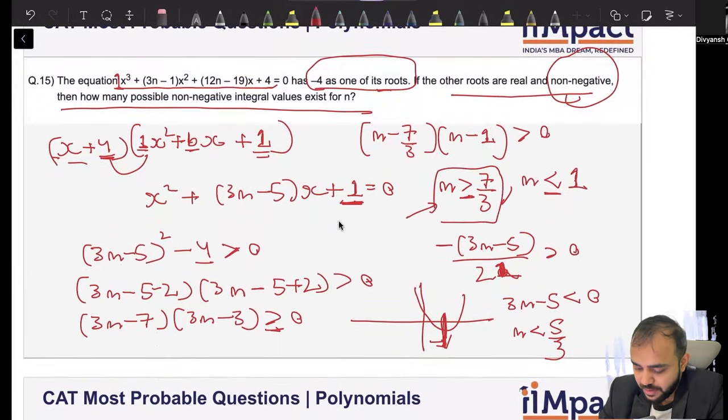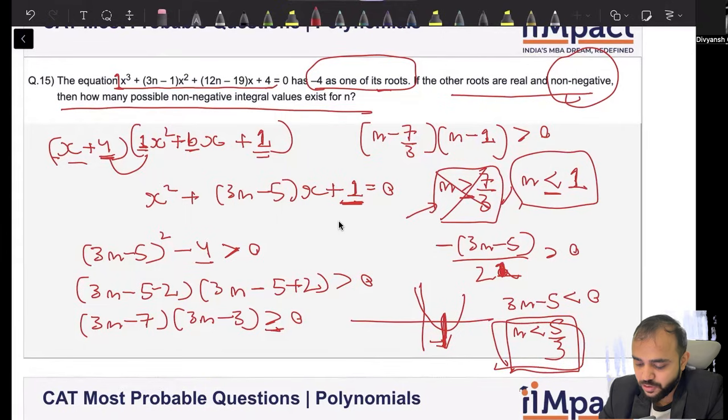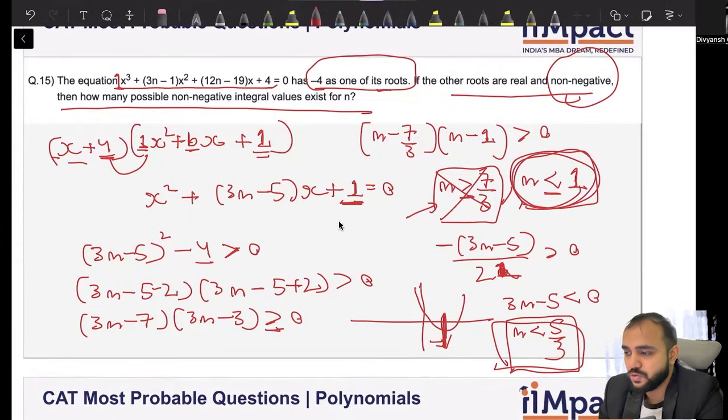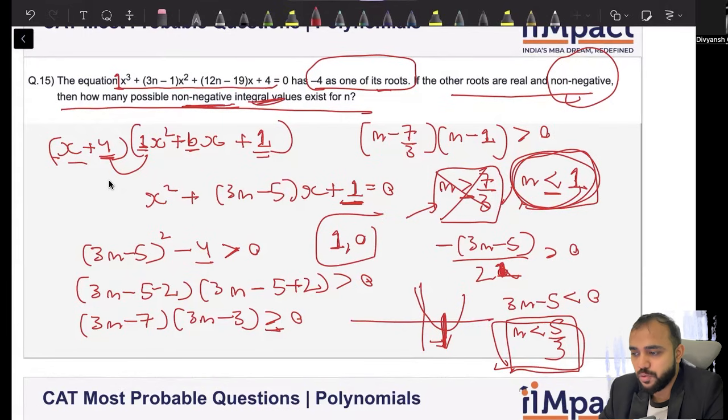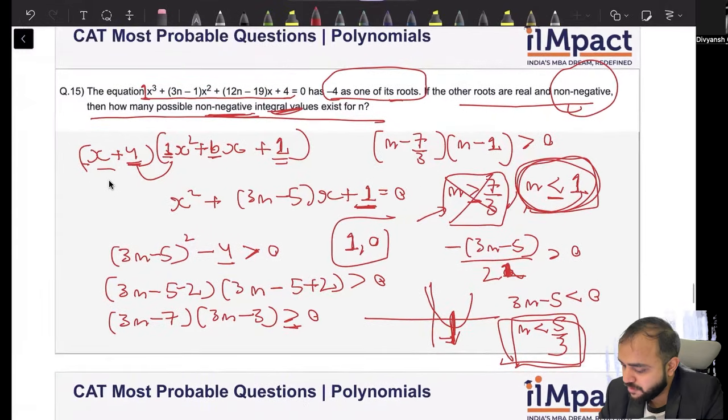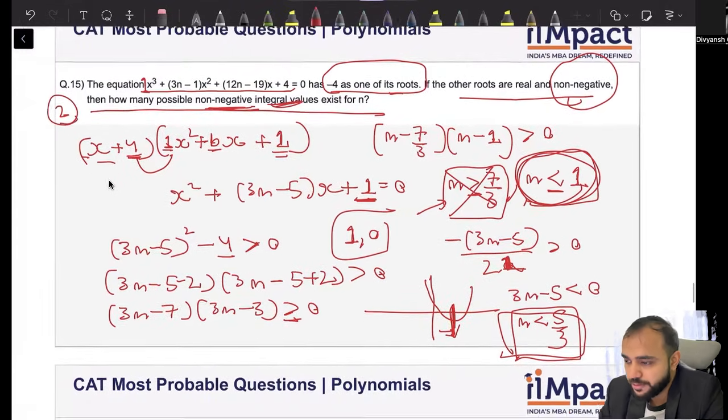Now this and this cannot be true at the same time, so this is ignored. This and this, if I intersect these two, I'll get this only as my answer. So the only possible values of n that I can have are 1 and 0, because they're asking us for non-negative integral, so 0 is also possible. So the answer will be two possible values.